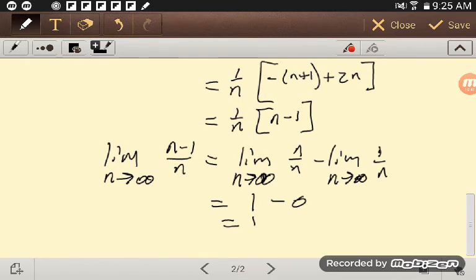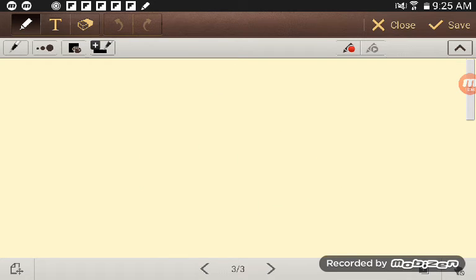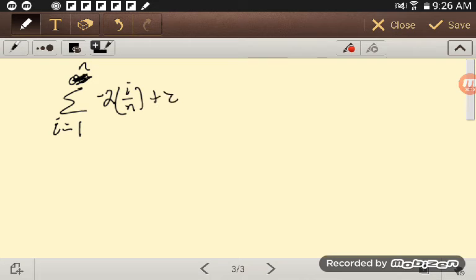So according to this, I need to move here. We had a lower sum, so we had the sum i equals 1 to n, silly me, n, of negative 2 times i over n, plus 2, times 1 over n.